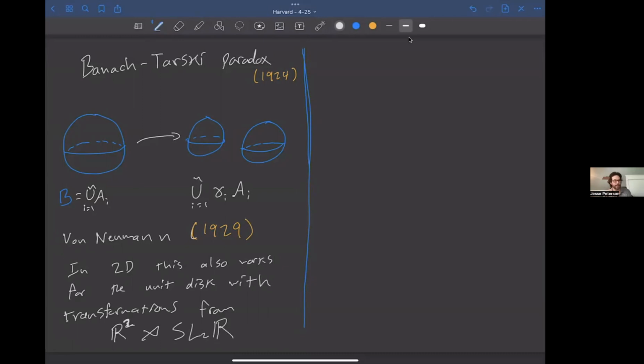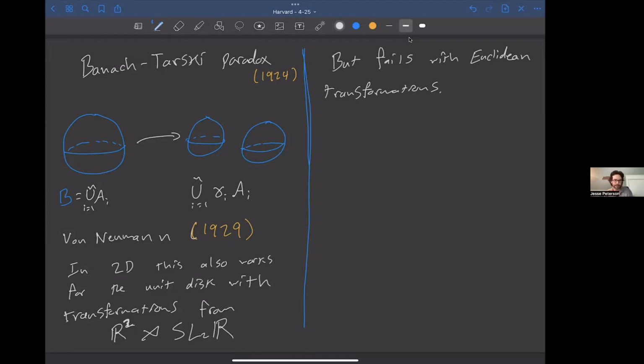And then you still get this sort of paradoxical decomposition, but it fails with Euclidean transformations. So it's impossible to take the unit disk and then split it into finitely many pieces and then rearrange it with Euclidean transformations to get 2 unit disks.